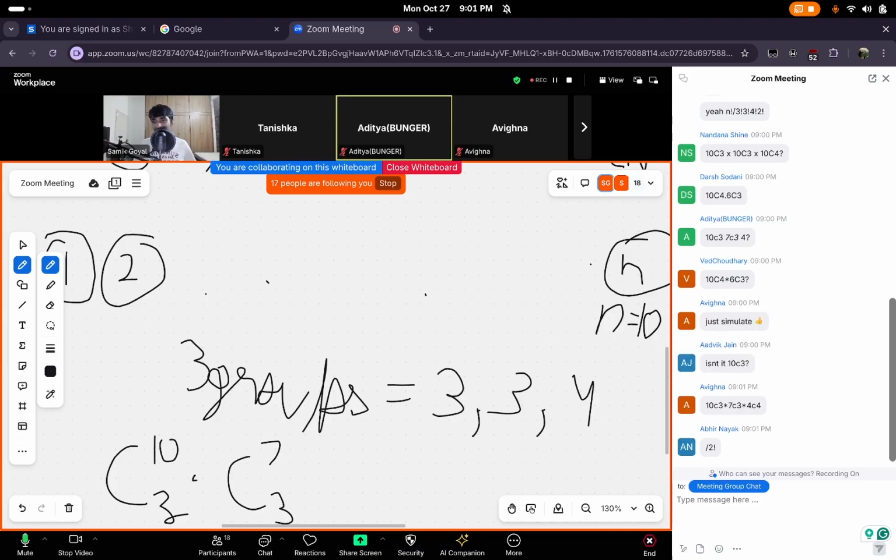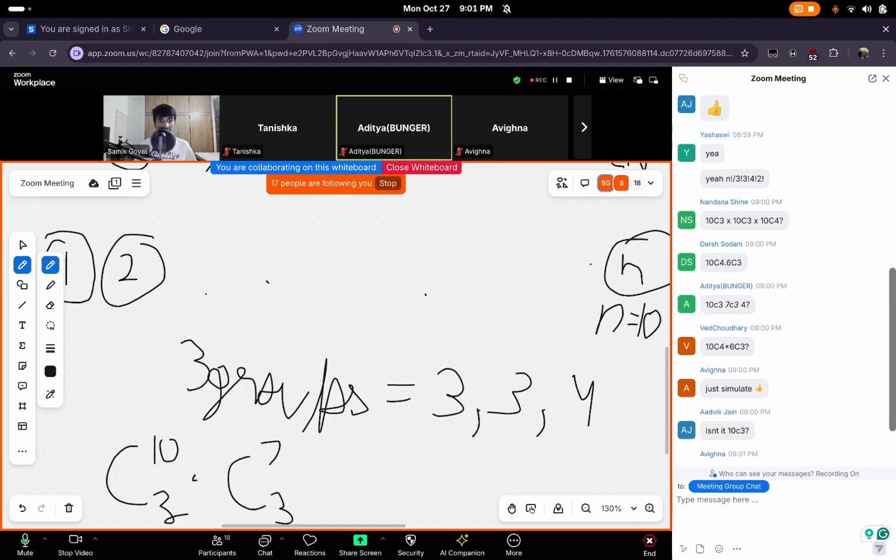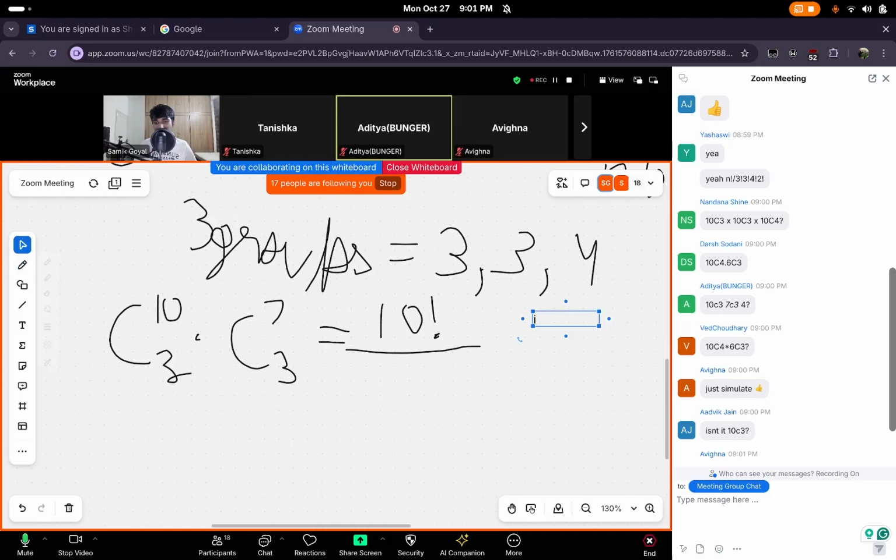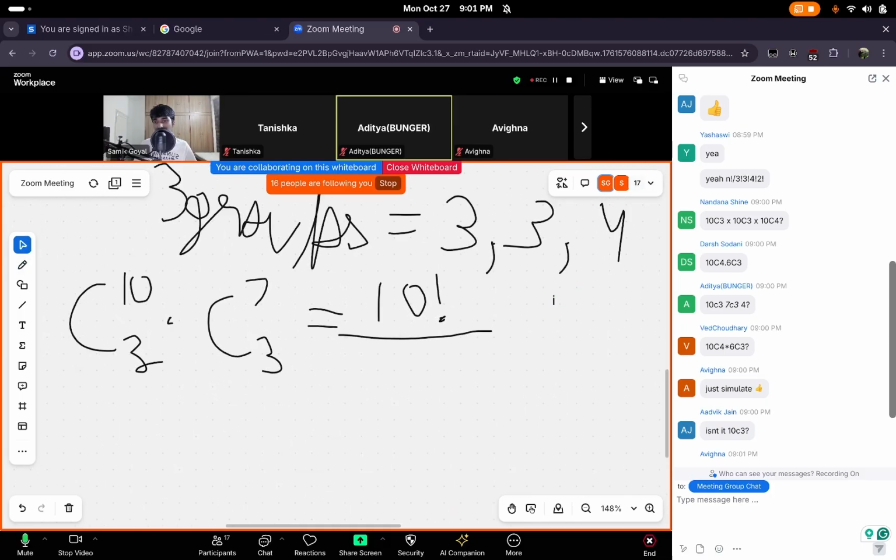But there's actually an even simpler way, which I think Yashasvi pointed out, where you can just take the total amount of elements you have, factorial on top, and below you just take the factorial of the group sizes. So say I have 3, 3 and 4, I'll take 3 factorial, 3 factorial, 4 factorial. It's just as simple as that.